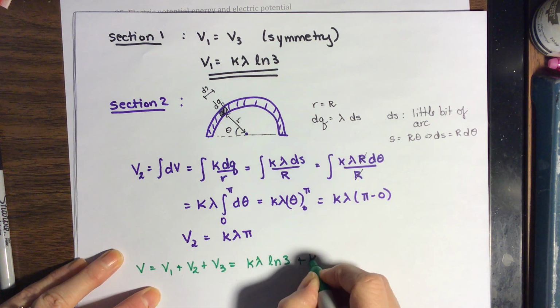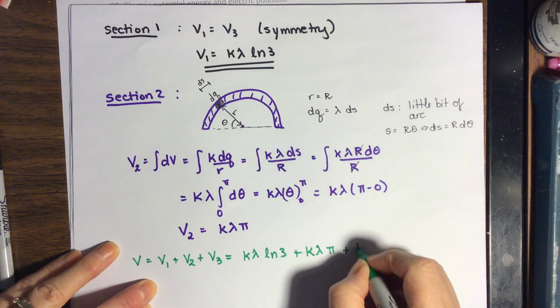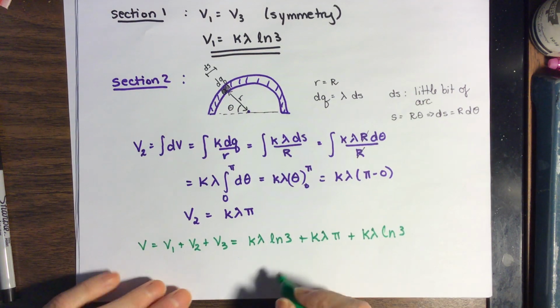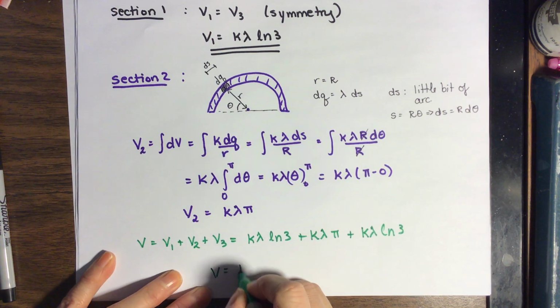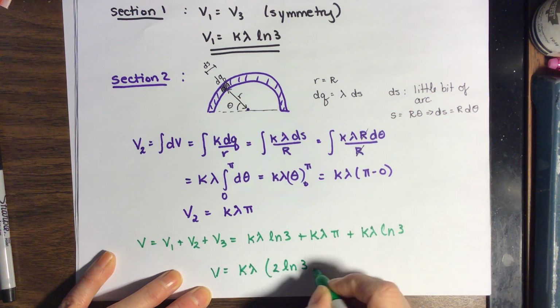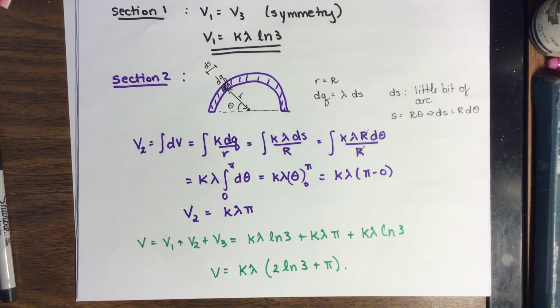V2 is k lambda pi, and V3 is k lambda natural log of 3. Can simplify this a little bit. V is k times lambda outside of 2 times the natural log of 3 plus pi. So there's the potential of that funny wire.